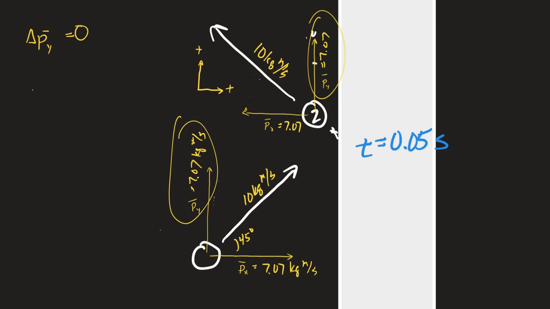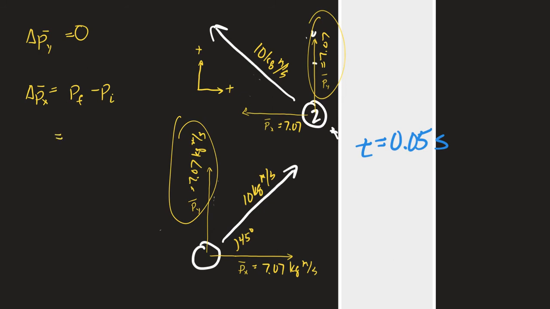If I do that, the change in momentum in the x direction, well, let's see. That's final minus initial. We're talking about just the x direction right now.